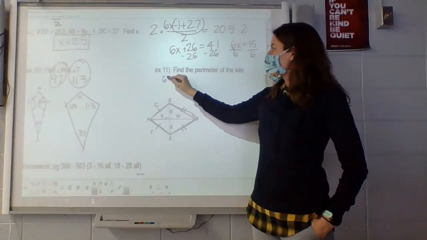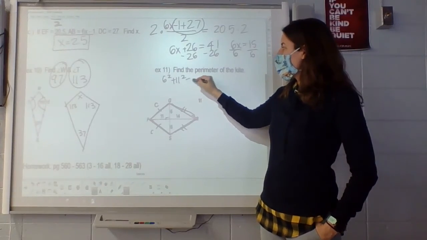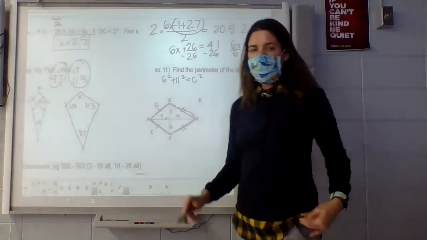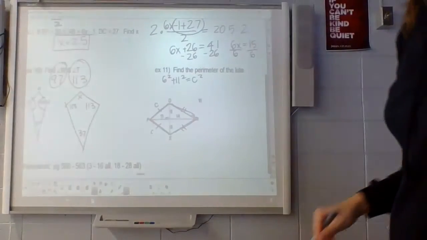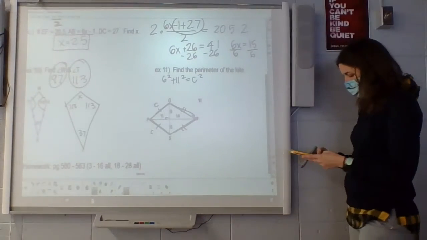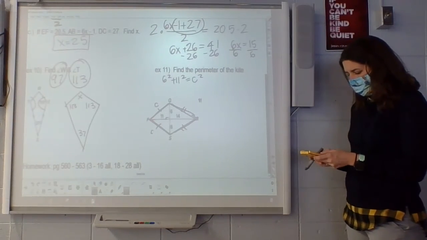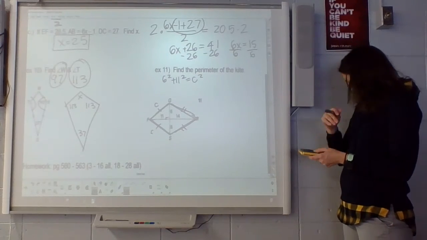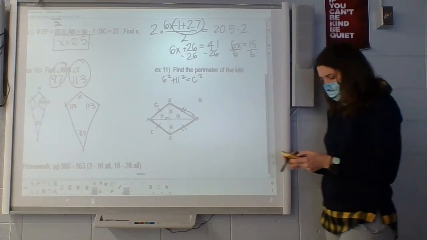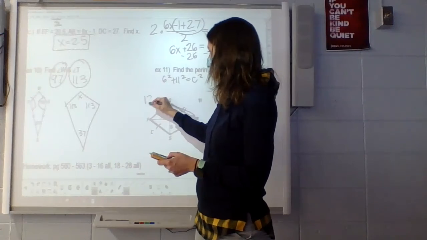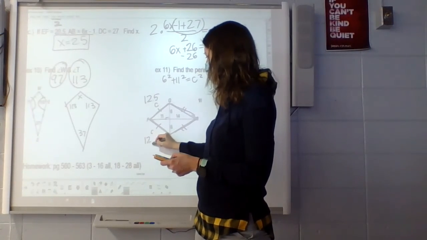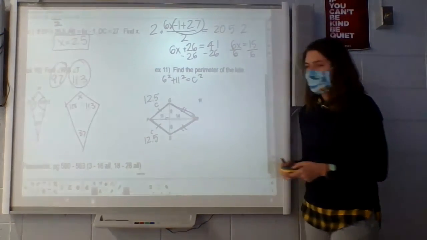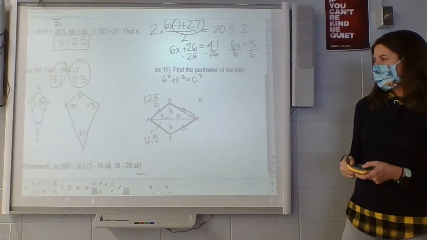So we can do 6 squared plus 11 squared will give me c squared, and that'll give me those two values, which is about 12.5. It's like the square root of 157.